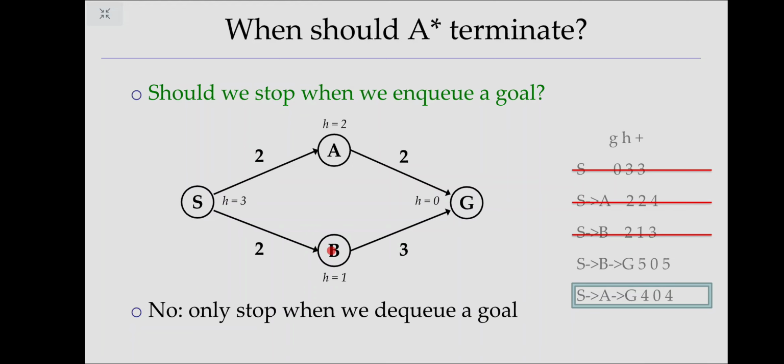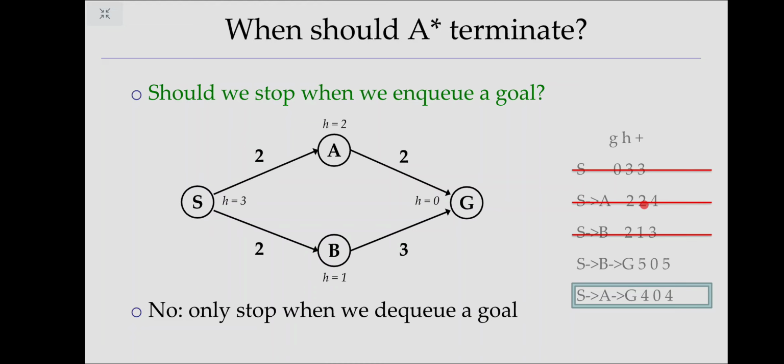We focus on B. B has a single neighbor, G. We define the values of G, H, and F for G. They are 5, 0, and 5. Because another node has F equal to 4, for A, and 4 is less than 5, we need to continue.